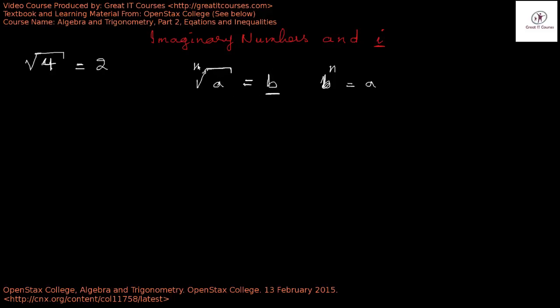So that means that if you're taking the principal nth root of, let's say, the cube root of minus 8, you're left with minus 2. That means that minus 2 whole raised to the power 3 is equal to minus 8. And minus 2 has the same sign as minus 8.